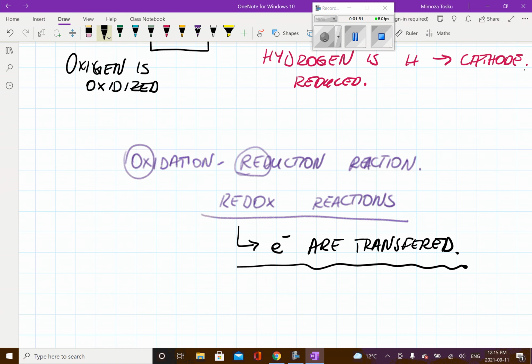So let's suppose that we have the formation of calcium. Let's do sodium chloride first, because it is easy, and then we'll move to calcium oxide.